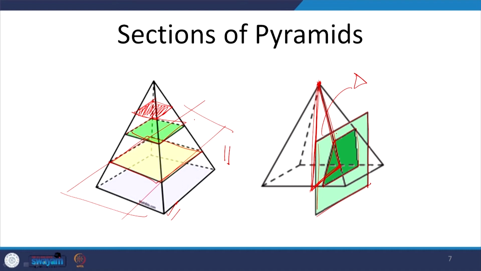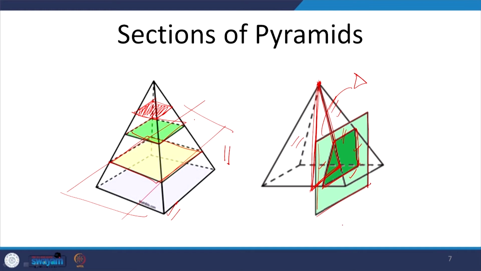So, here we will have 1, 2, 3 and 4 surfaces through which the section plane is passing. One is the base surface, one is this triangular surface, other one is the surface back and here. So, 4 surfaces, which means that we will get a quadrilateral.